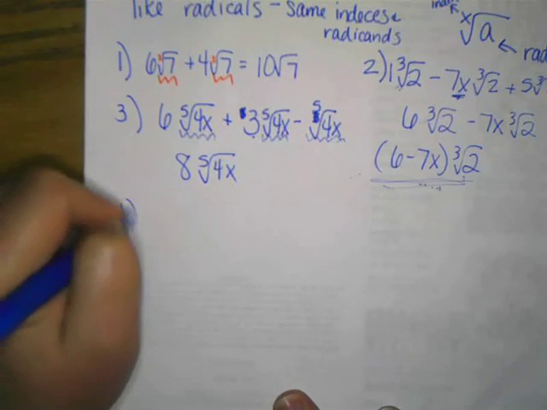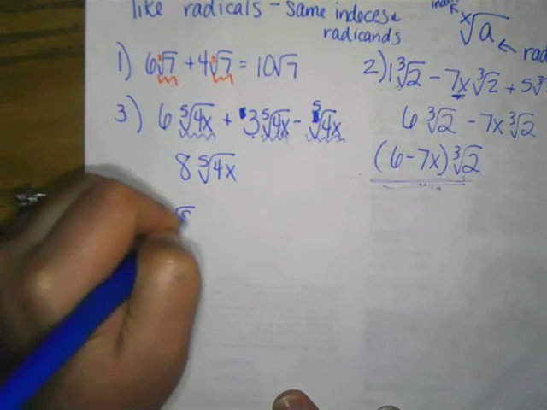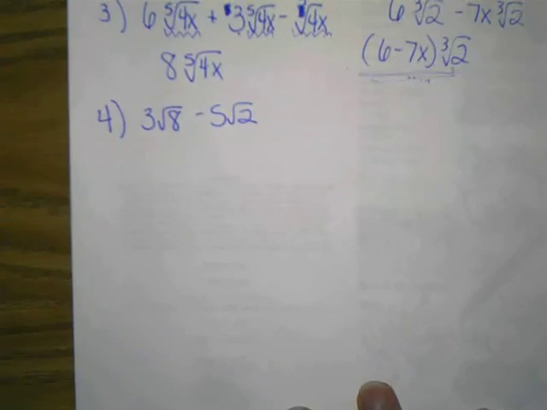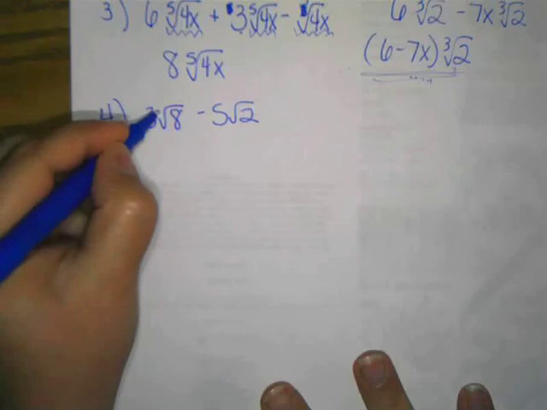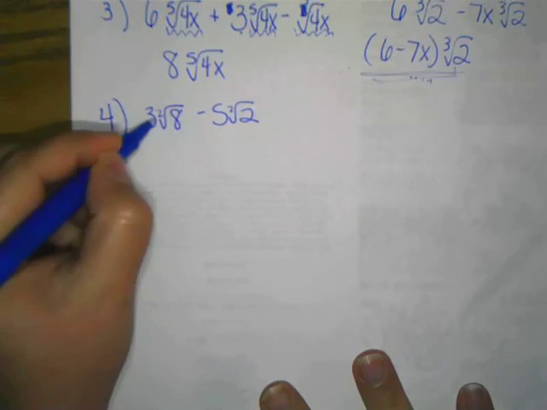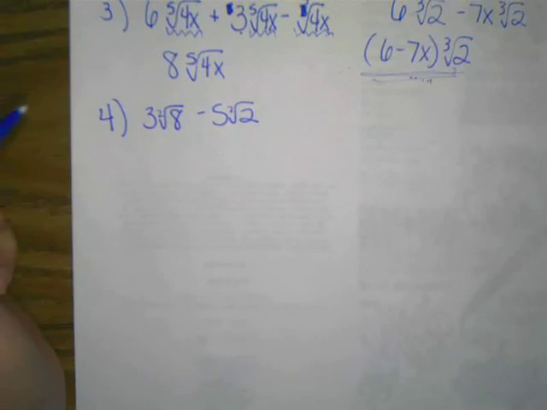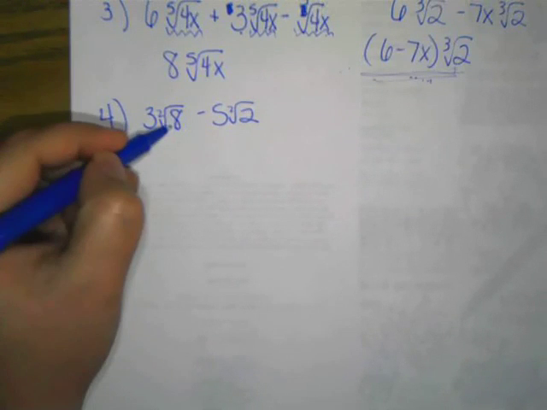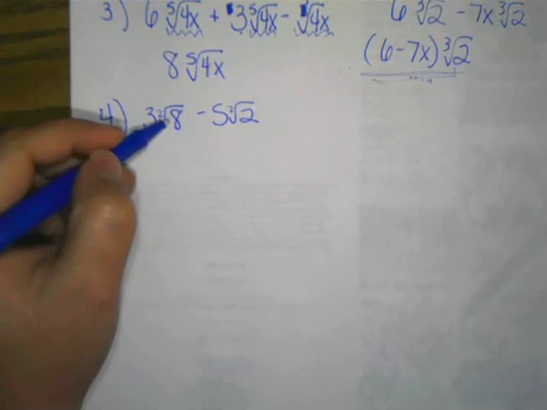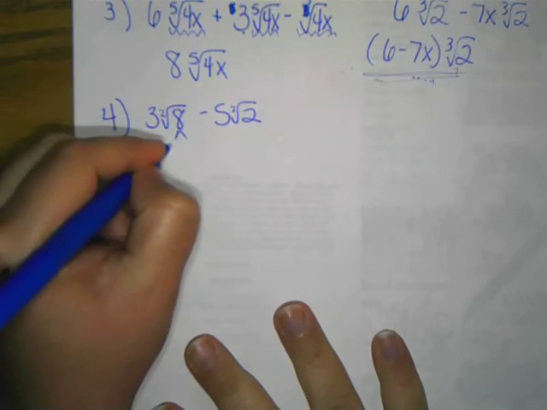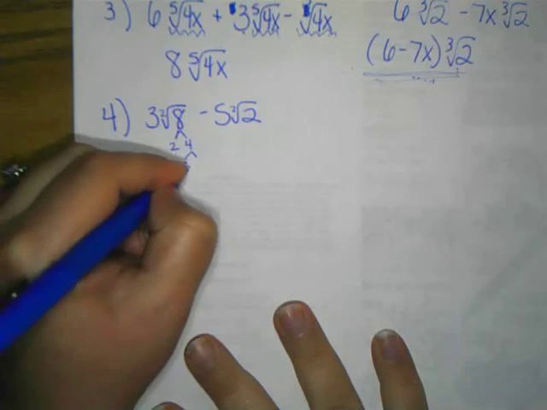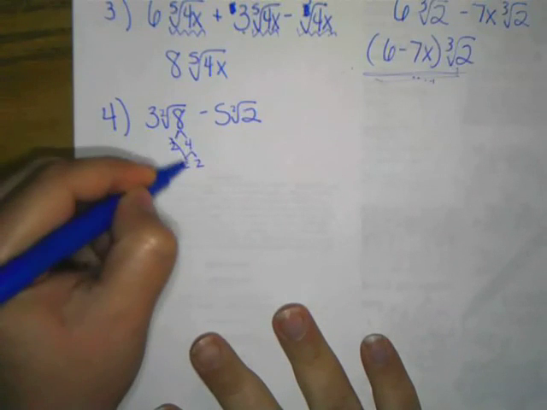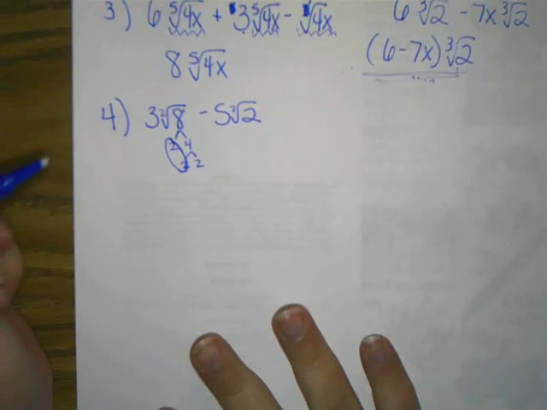Alright, so now I have 3 rad 8 minus 5 rad 2. So these have the same indices, or index, because they're both square roots, but the 8 and the 2 aren't the same. That doesn't necessarily mean we're done, because this 8 can be factored. 8 is really 2 times 4, 2 times 2. I hope you're used to factor trees. And there's a pair of 2's.